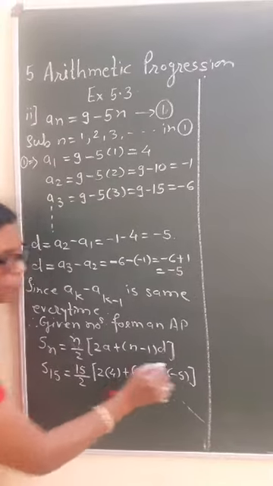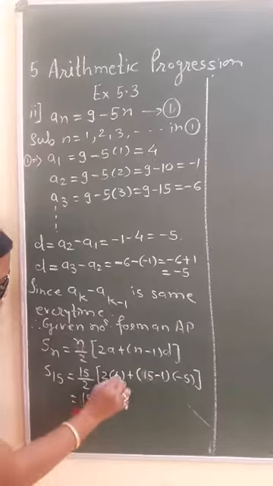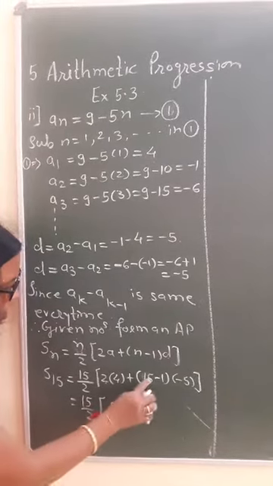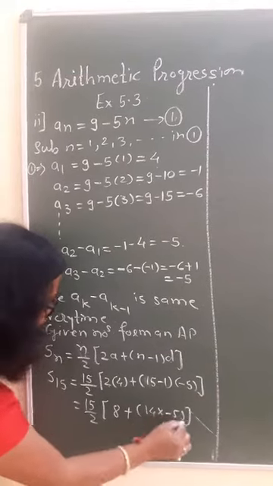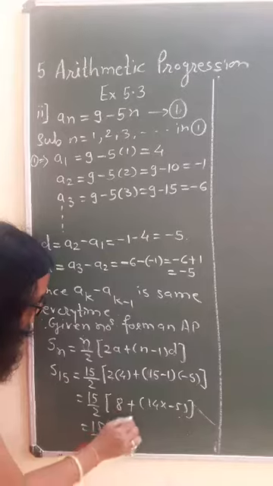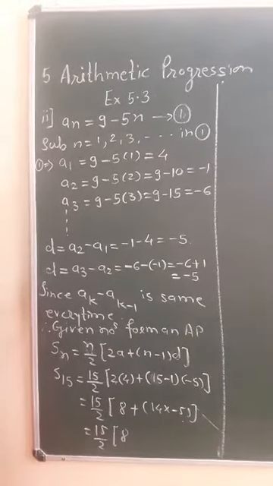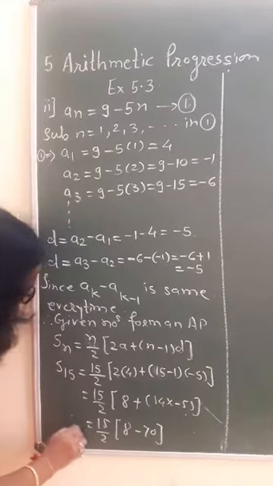Okay, in the bracket we have to take the value of D. This is 15 by 2, here 4 2s are 8 plus, here 15 means 14 into minus 5. So here we will get 15 by 2 and here is 8 plus, that is 14 5s are 70. This should be minus 70, S15.